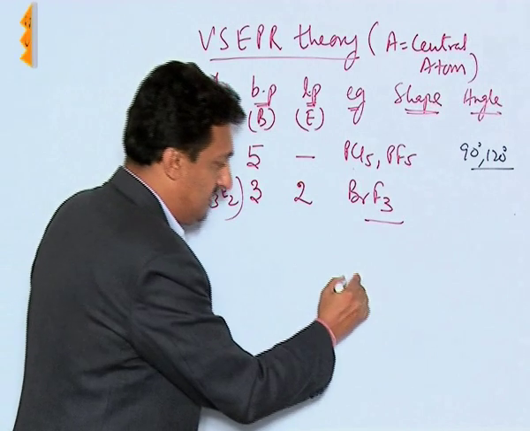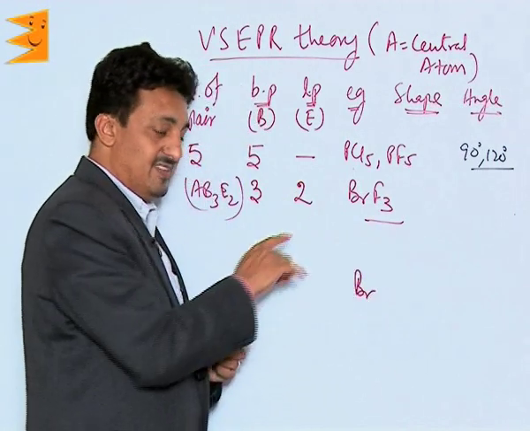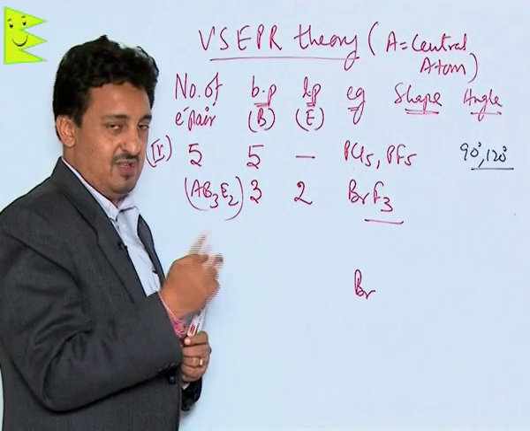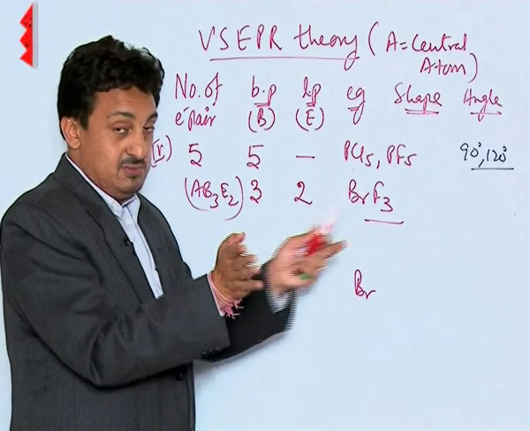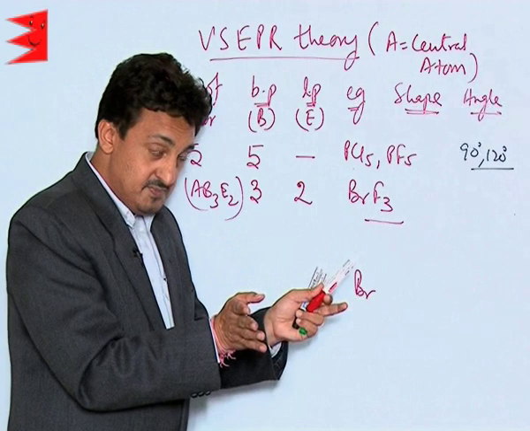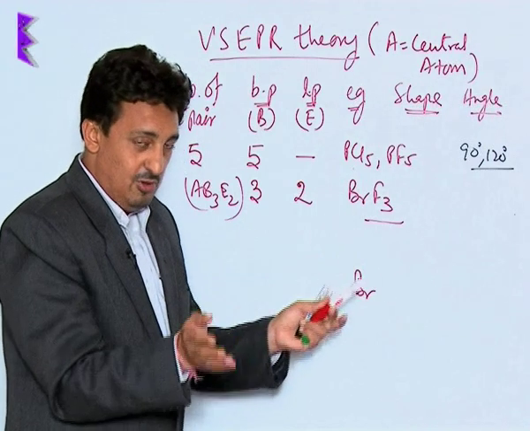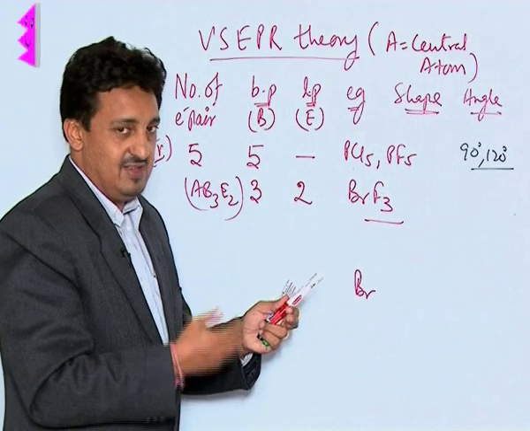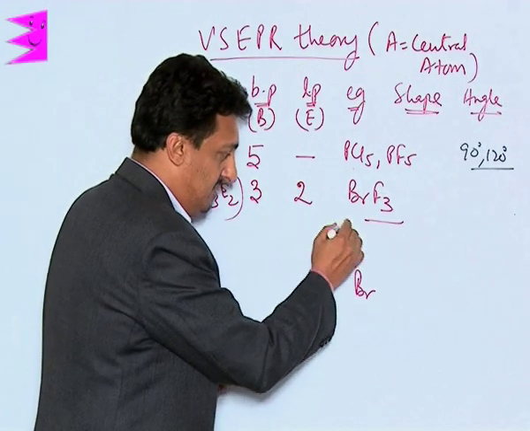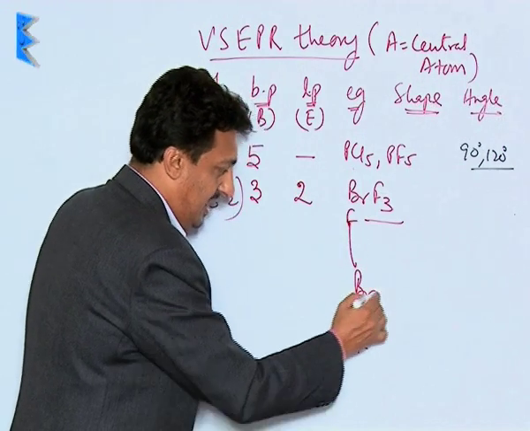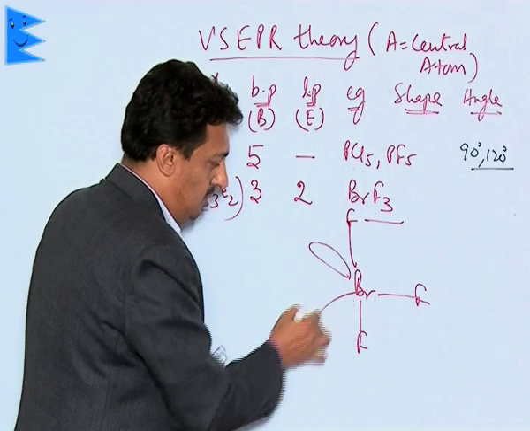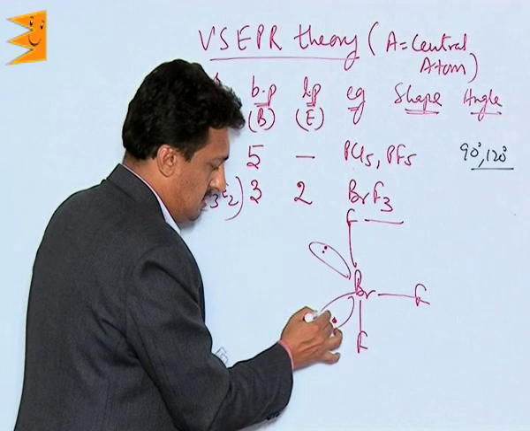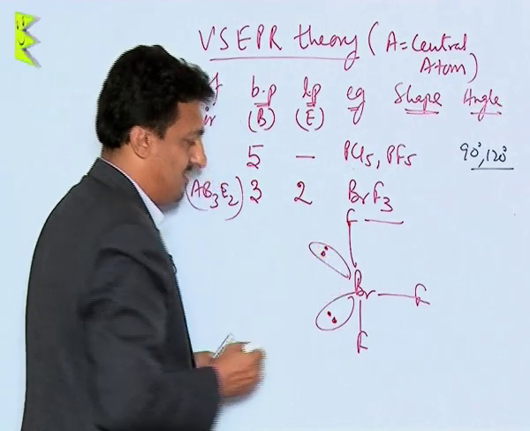Now you know from the previous example that these 2 lone pairs will be present at equatorial positions, because then they have a maximum angle of 120 degrees between them, and they will have lesser repulsions at these positions. So bromine arranges 3 fluorine atoms like this and 2 lone pairs like this. It's like this.